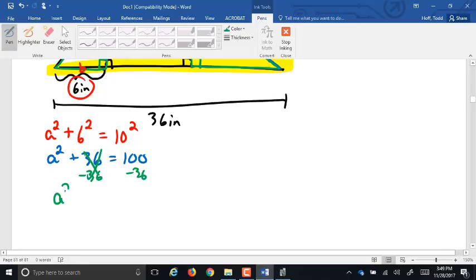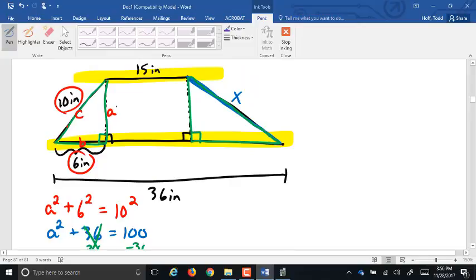So we're left with A squared on the left. 100 minus 36 is 64. And now we're going to square root. So A squared square root is just A. Square root of 64 is 8. Technically 8 or negative 8, but negative 8 doesn't work for length. So that tells us that this here is 8 inches.